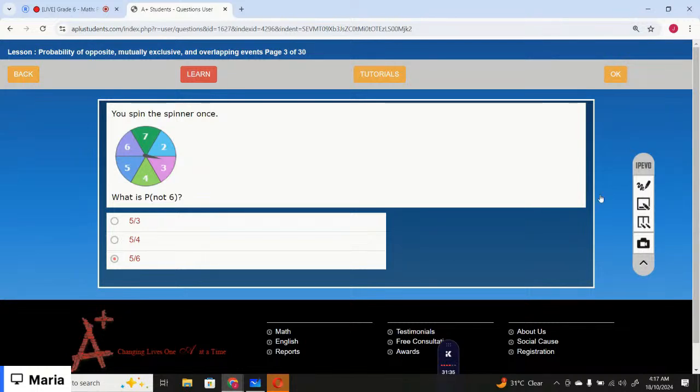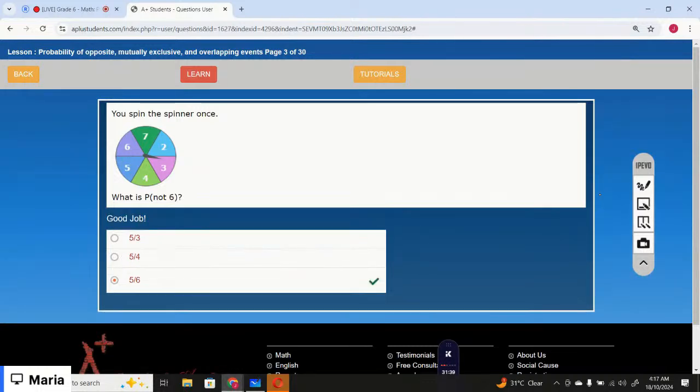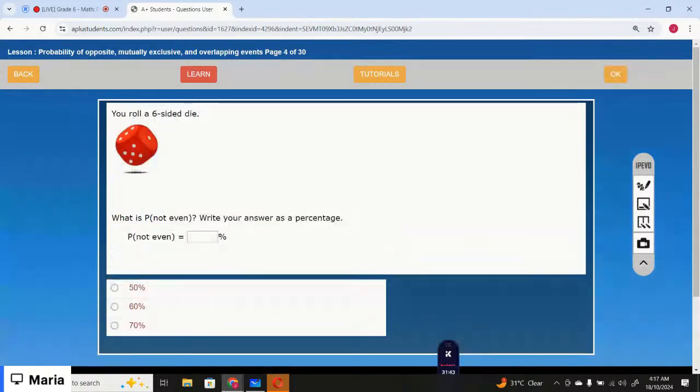That is 5 over 6 because not pink is you have 5 portions out of 6. You roll a 6-sided die. What is the probability of not even, which is the correct option?